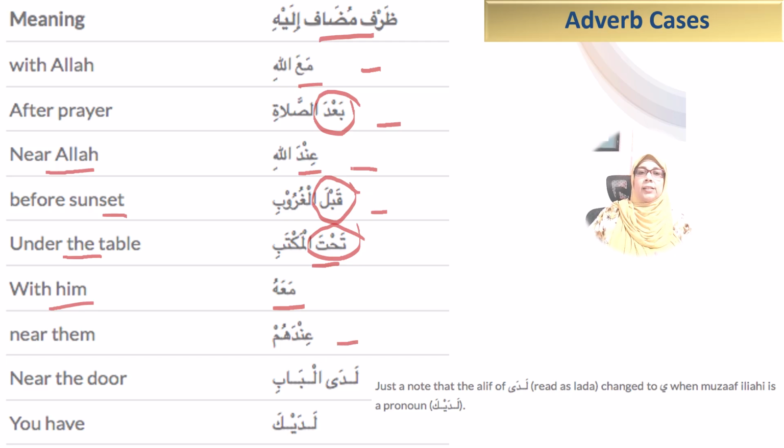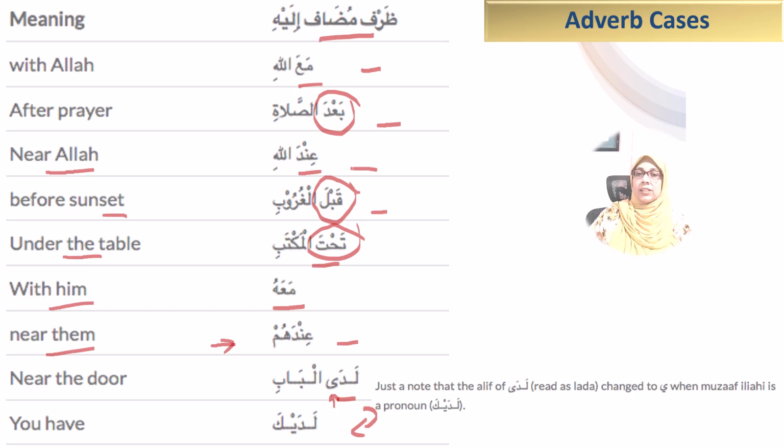And the next one is indahum. It is attached to the pronoun. It means near them. And then the next one is ladal babi. It means near the door. So here, you see here, this is an alif maksura, right? And when it attaches to a pronoun, it becomes a ya, as in the next case, it is ladaika.